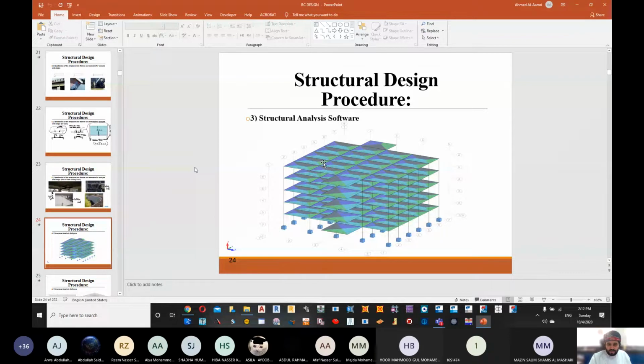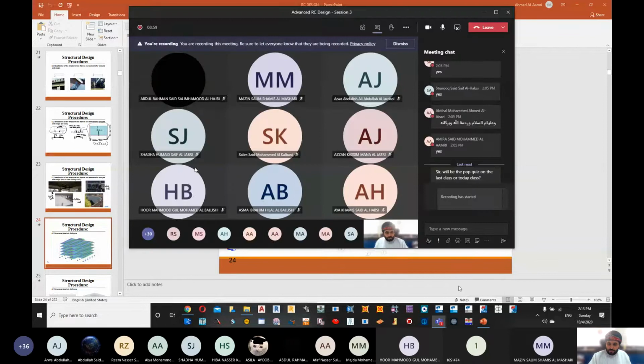You can do the analysis manually, or you can do it using specialized structural software. I'm going to show you certain types of software that we might be dealing with throughout the semester. My main intention in this course is that we are going to do manual calculation, and we are going to compare it with the software as well. So we are going to use a lot of software and a lot of manual calculation.